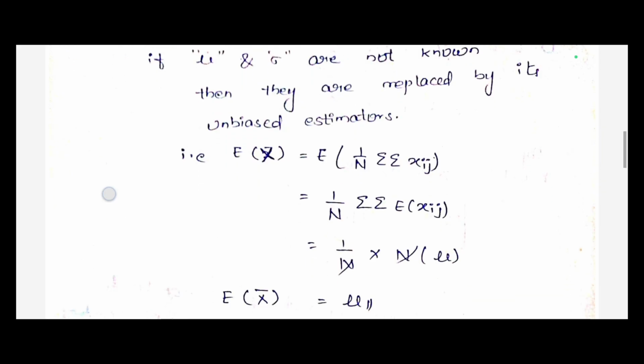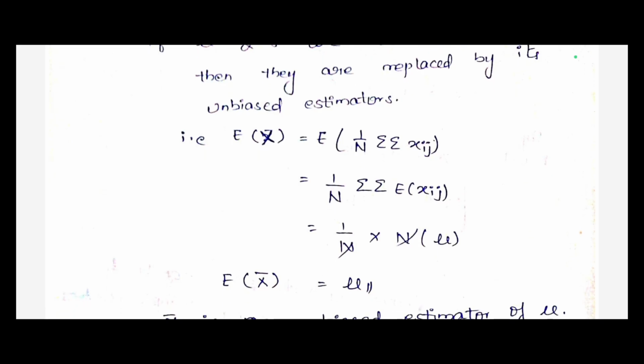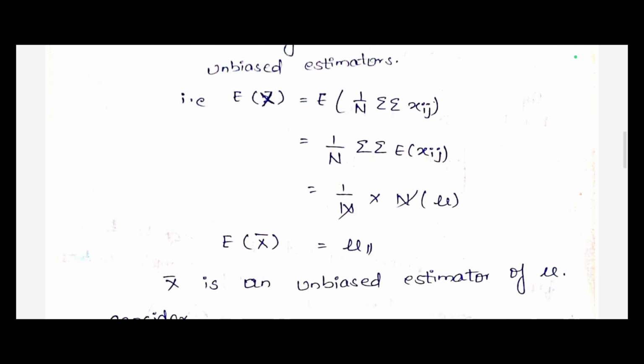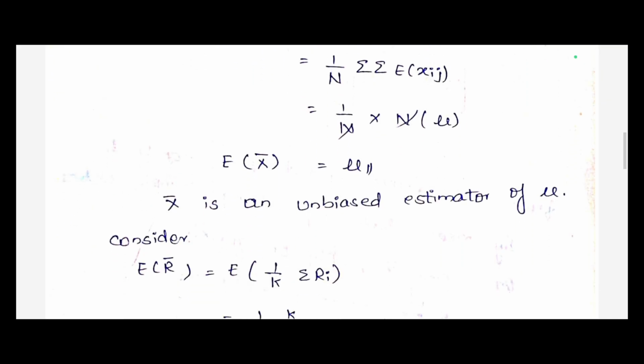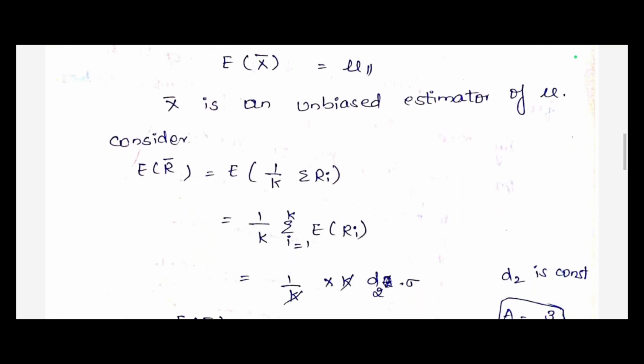Expected value of x bar is the expected value of the double summation of xij divided by kn. Removing the double summation gives n, and expected value of xij is mu again. So x bar is an unbiased estimator for mu. Next, we also calculate R bar.